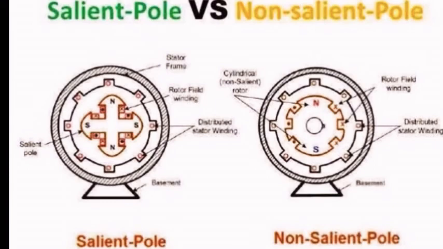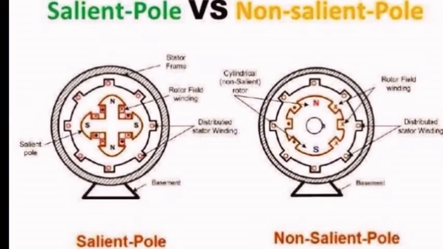Their number of poles is less compared to the salient pole rotor, and this machine is used for high speed operation, but the salient pole synchronous machine is used for low speed operation. And in the following figure we will discuss the schematic diagram of both types of machine.